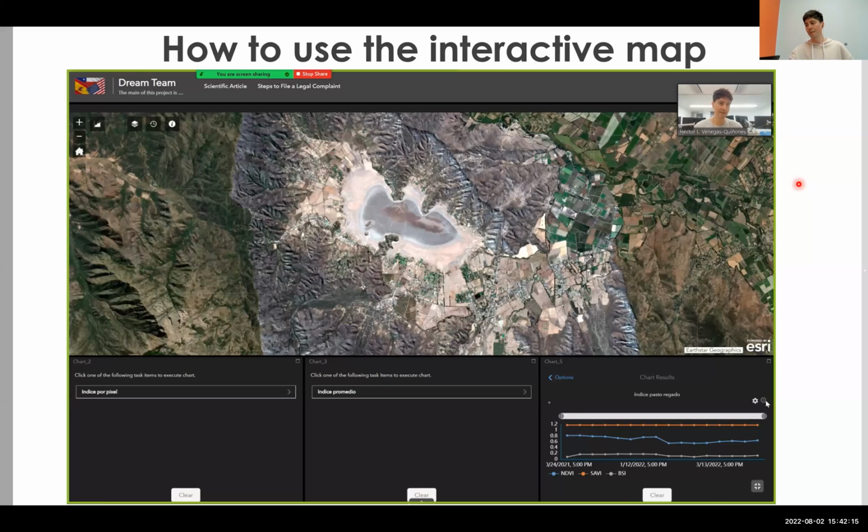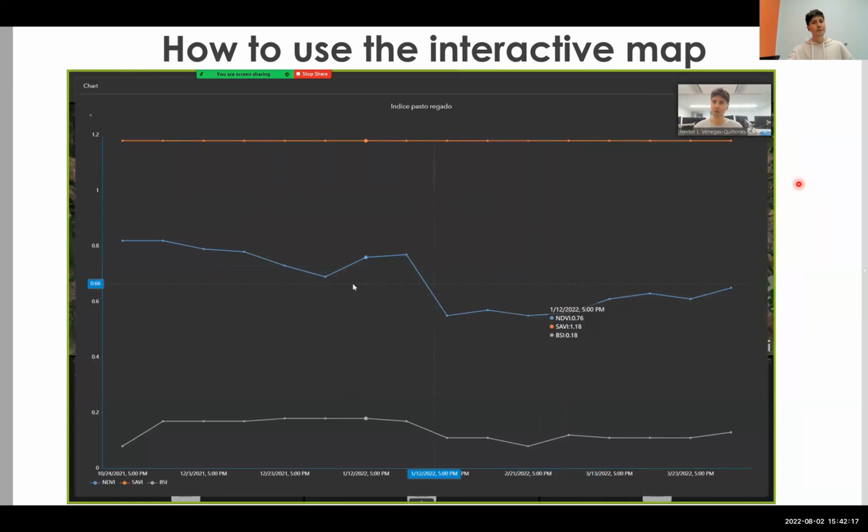And for example, in this part on the right side, we define a specific part of the area where we can see that this grass area has been watered across this period of no raining. And how can we be sure about this?